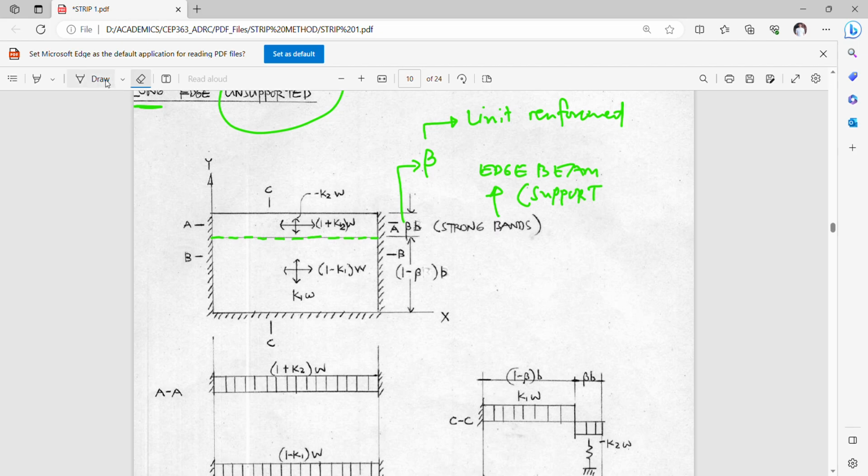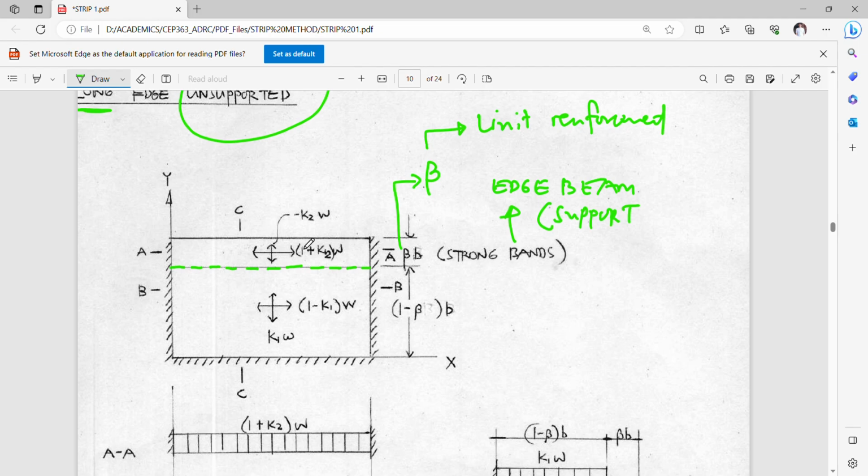And if we are going to look into the distribution here, if this direction is assumed to be negative K2, it means that the loading here or the load distribution here simply is directed on the opposite direction.